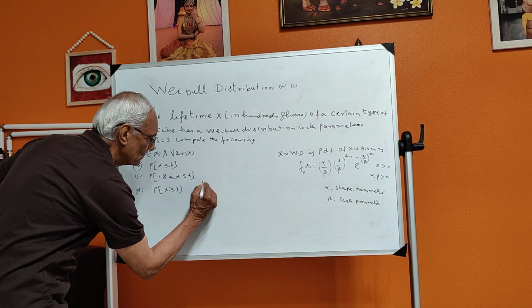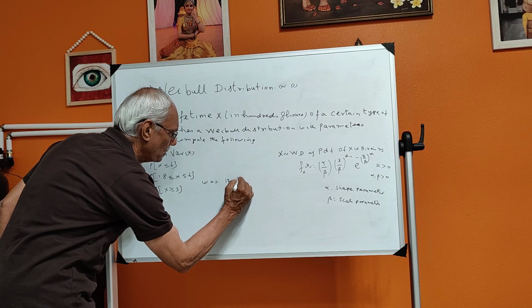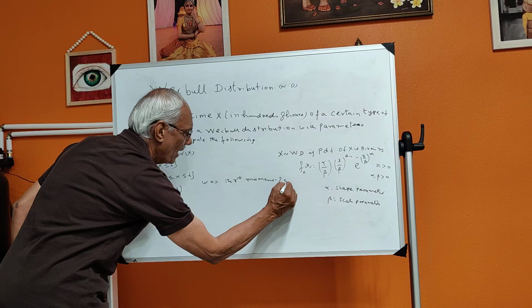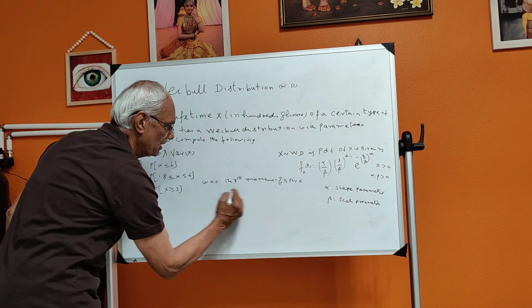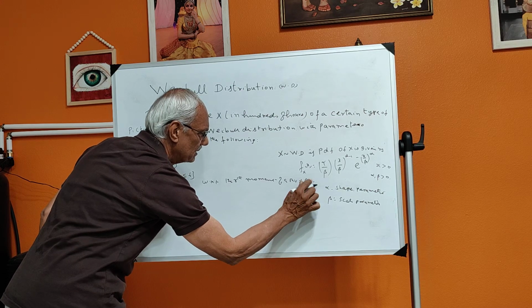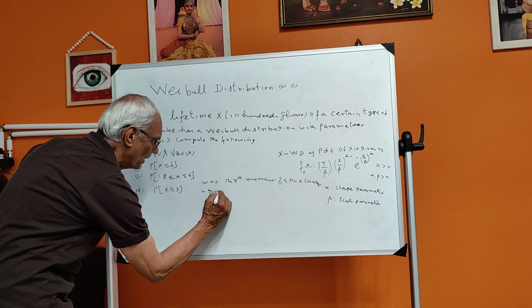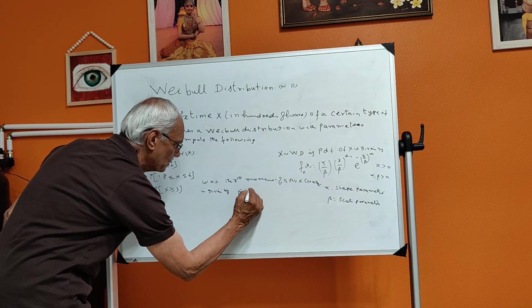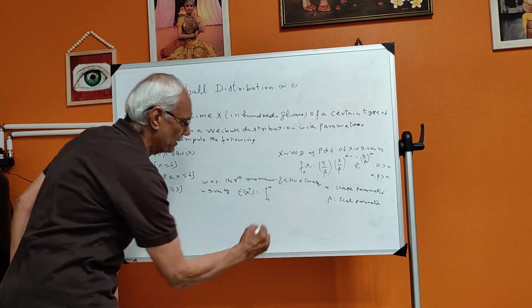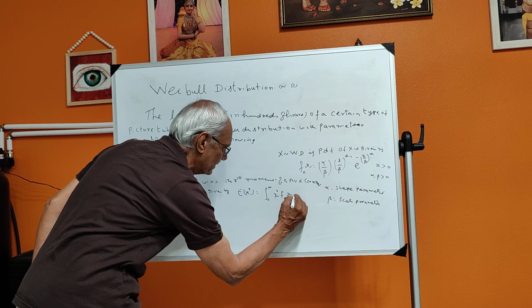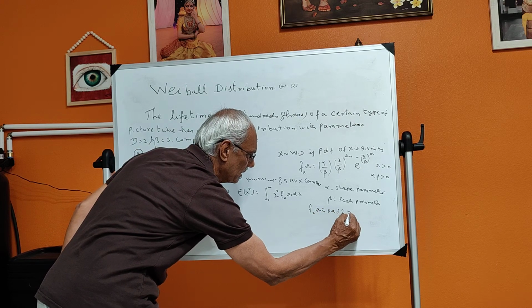Now, I will write something here. We know that the rth moment of a random variable x, here it is a continuous random variable, is given by E of x to the power of r is equal to the integral from 0 to infinity of x to the power of r into f of x into dx. f of x is the PDF of the distribution.